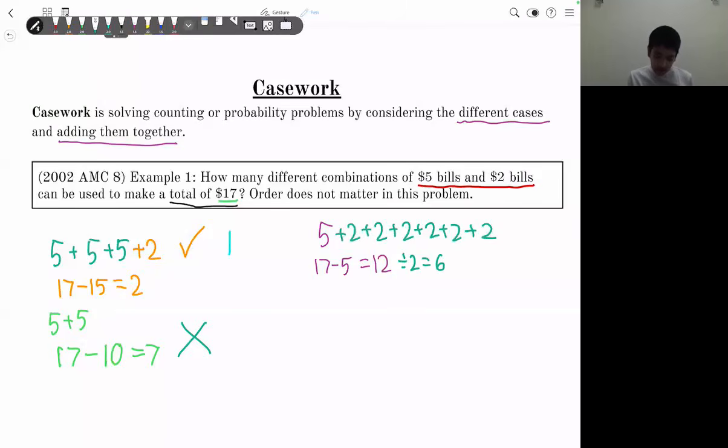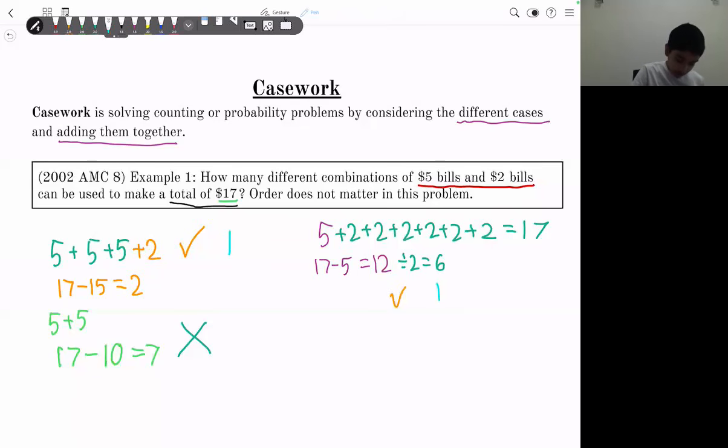So we must divide by 2, and we get that there will be a total of 6 $2 bills to make the total equal to 17. So this works, and there's one way for this.